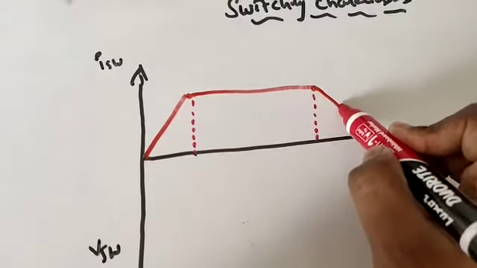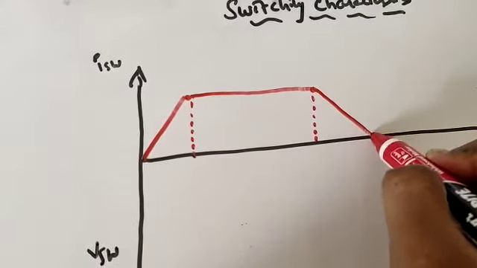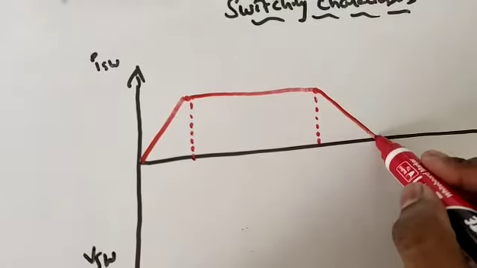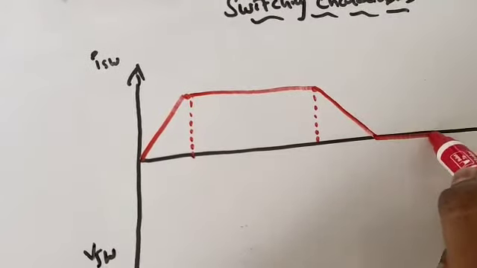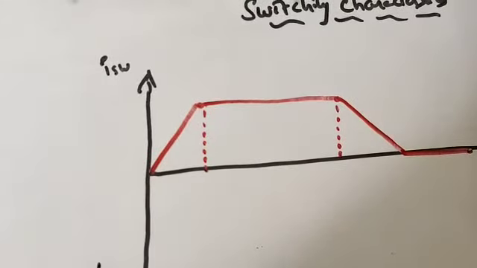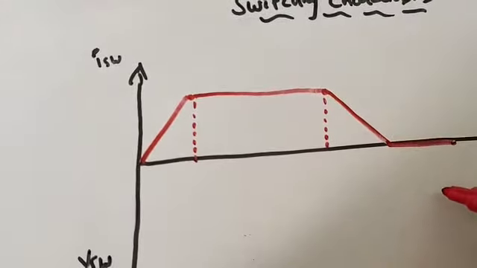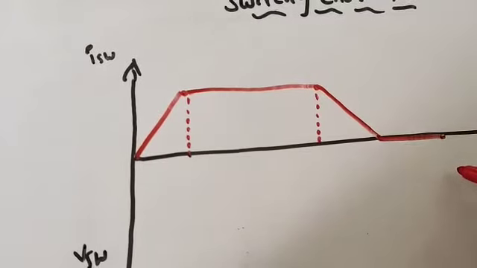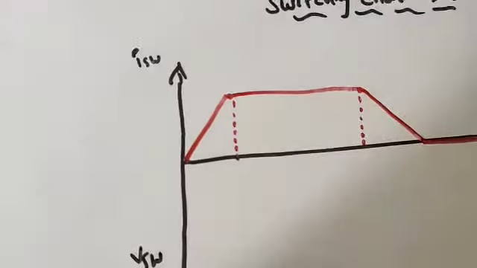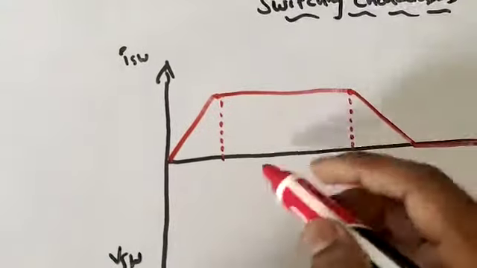That is the small t off, and then it stays, the time during which the switch is under steady state off condition. This is what I am saying.